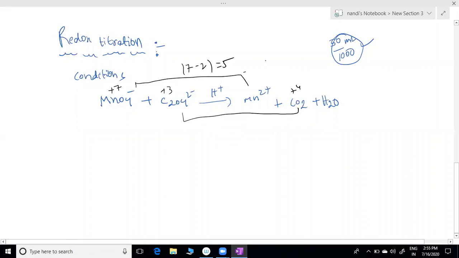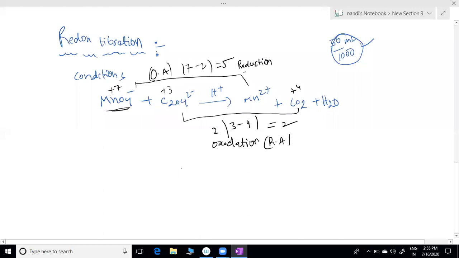So the equivalents of oxidizing agent equal equivalents of reducing agent. What is the formula? You can write it in terms of weight and normality also.